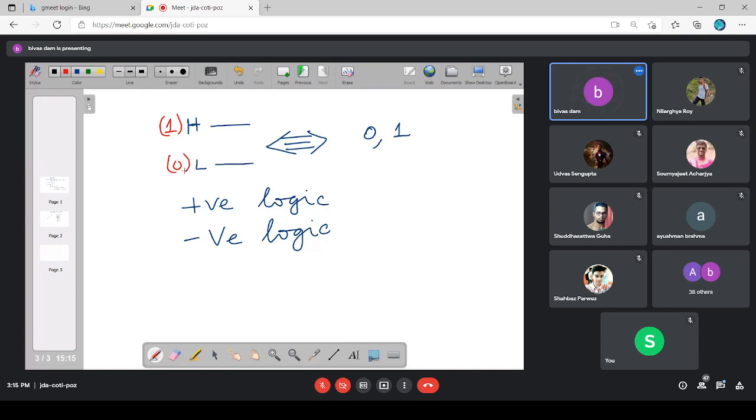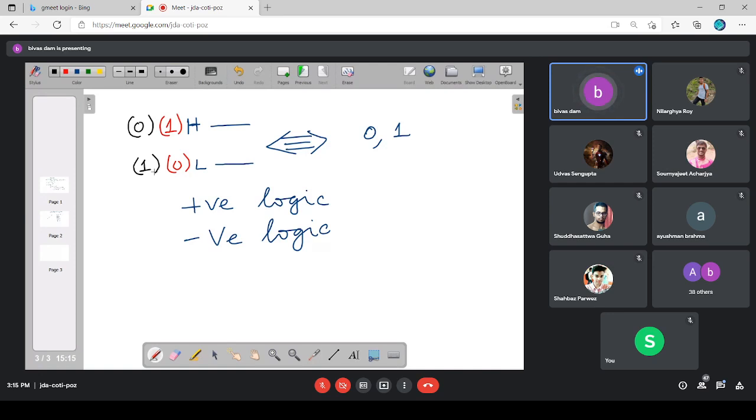But in the case of negative logic, it's just the reverse thing. We associate logic 0 to the high voltage level and logic 1 to the low voltage level. You got the difference between the two logic systems?